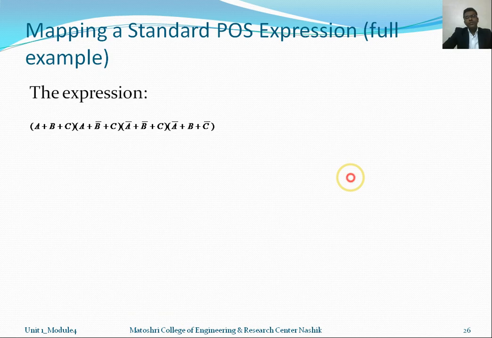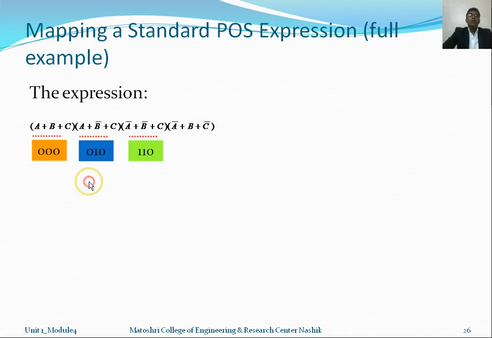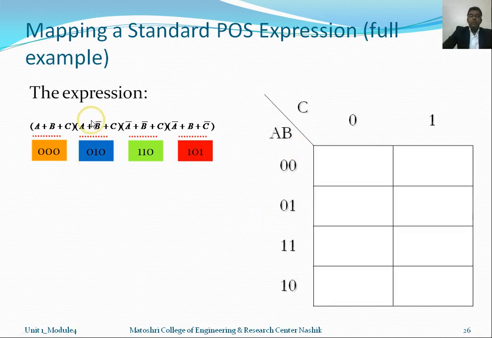Mapping of the standard POS expression. Similarly for A, B and C, which are the sum terms in case of POS, keep in mind that 1 is the complement, and a variable without complement is 0 in case of POS. So we indicate each and every value in the form of 0 and 1, and these are the 3 variable K-maps. In the 3 variable K-map we show each value as per its location, but in case of POS we show it by 0.